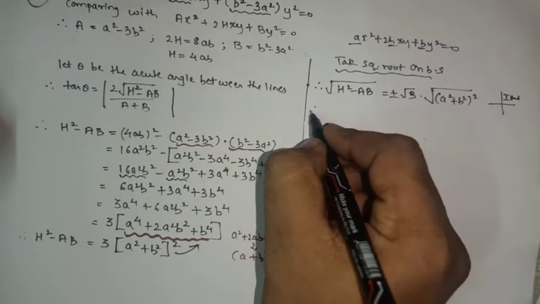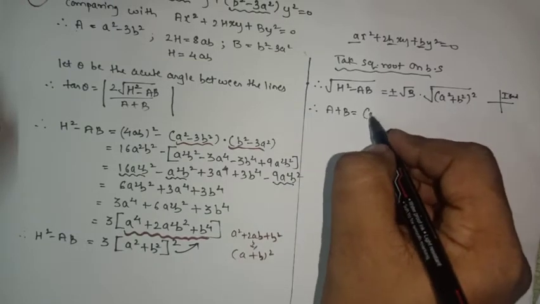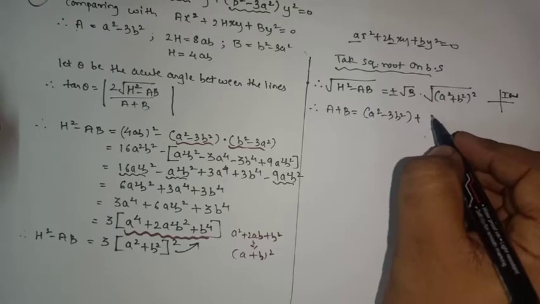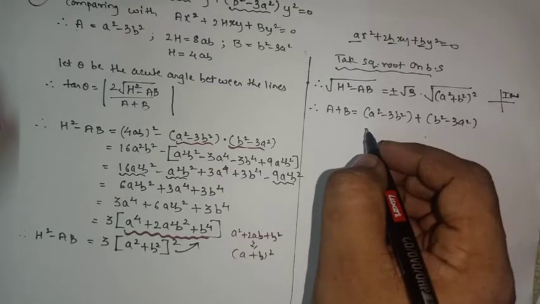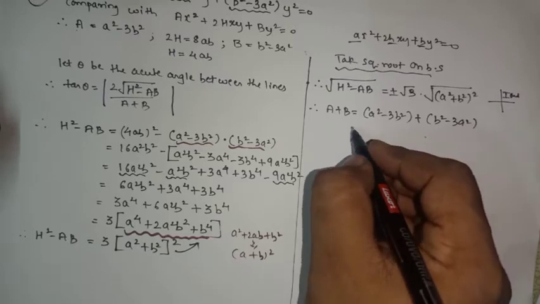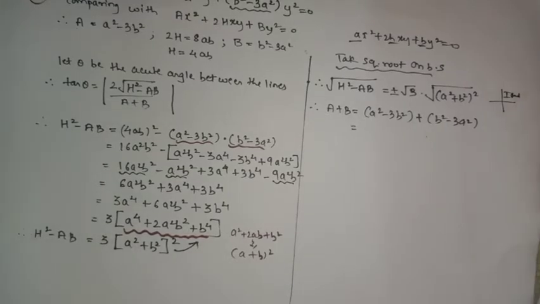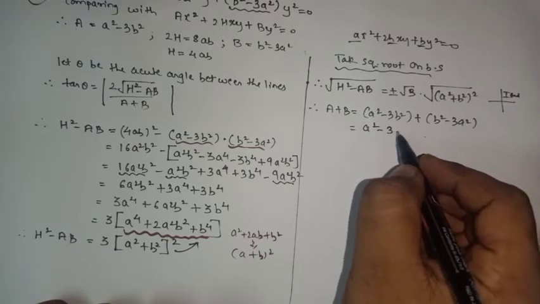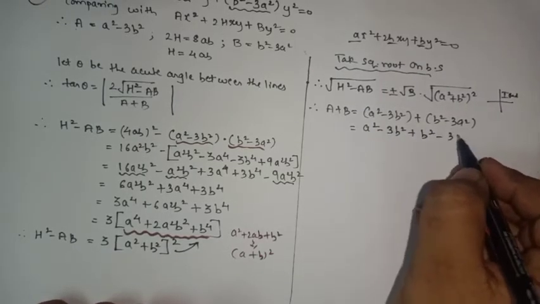Now we'll find a plus b here. So what is a plus b? A is a square minus 3b square, plus b is b square minus 3a square. Yes or no? So the next step will be: a square minus 3b square plus b square minus 3a square.